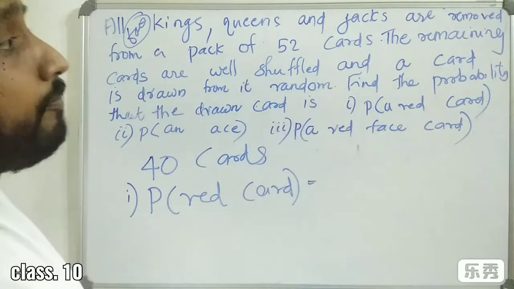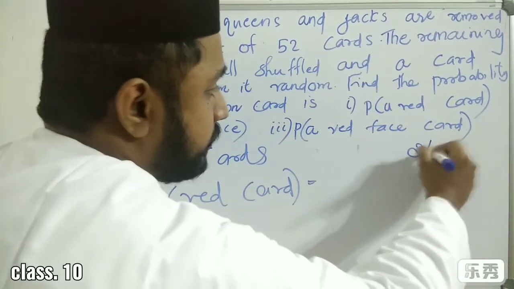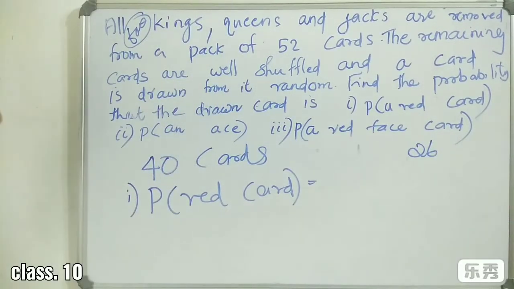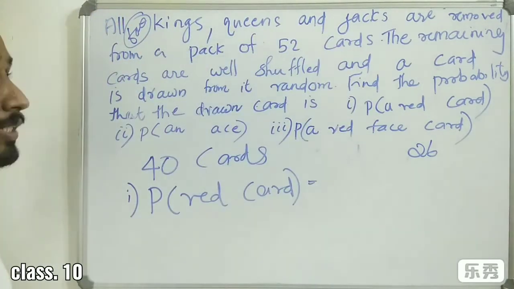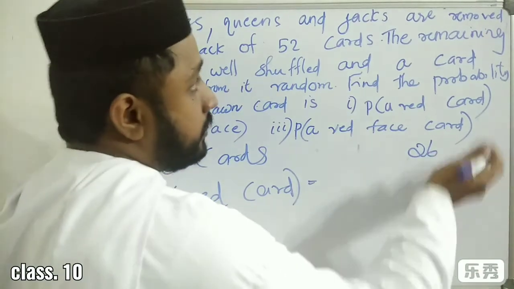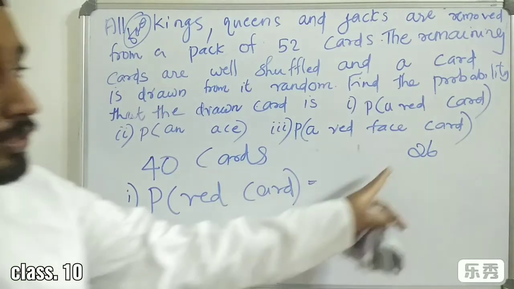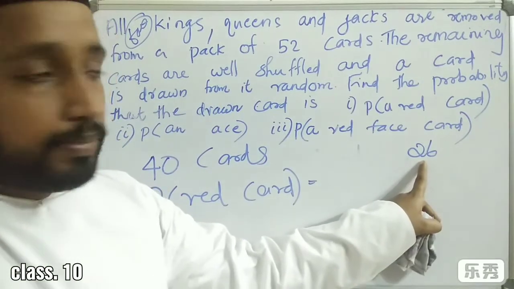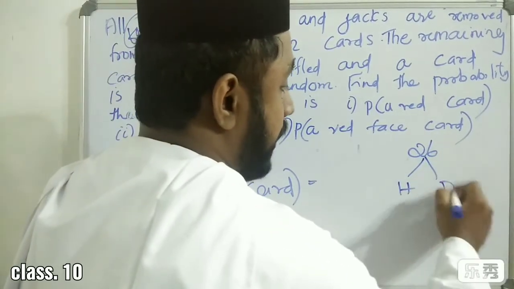So in 52 cards there are 26 red cards and 26 black cards. But the kings, queens and jacks were removed from the cards. So in these 52 cards, these 12 cards were removed. Red means heart and diamond.